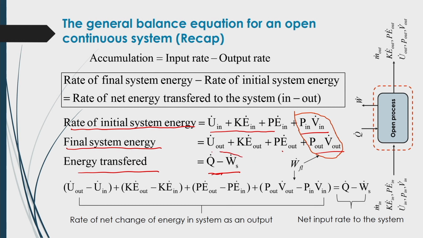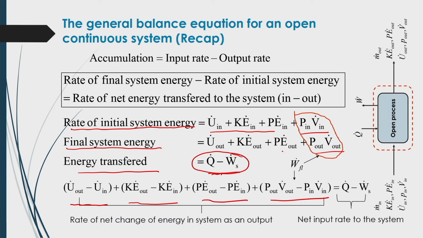Now this net energy transferred to the system can be equated with the rate of final system energy minus the rate of initial system energy, and finally you get the difference in internal energy rate, difference in kinetic energy rate, difference in potential energy rate, and difference in flow work rate.